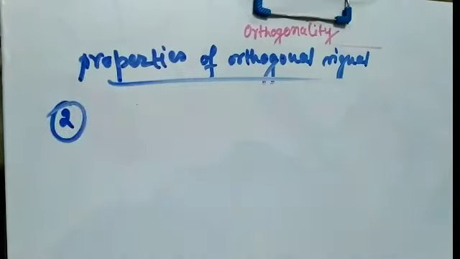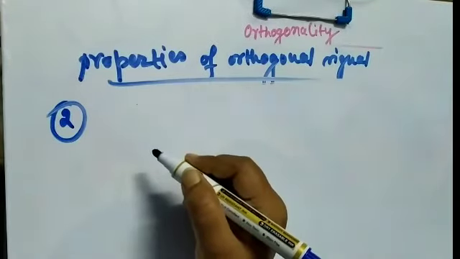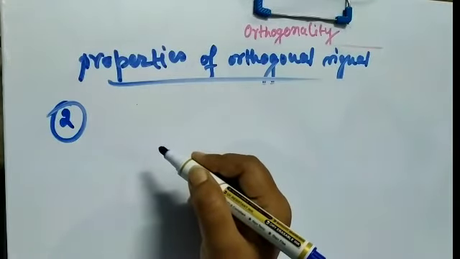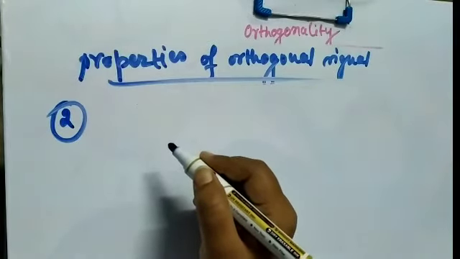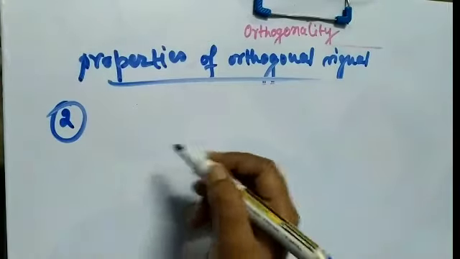Now we move to the second property. In the second property, sine and cosine signals with the same phase and same frequency are always orthogonal.